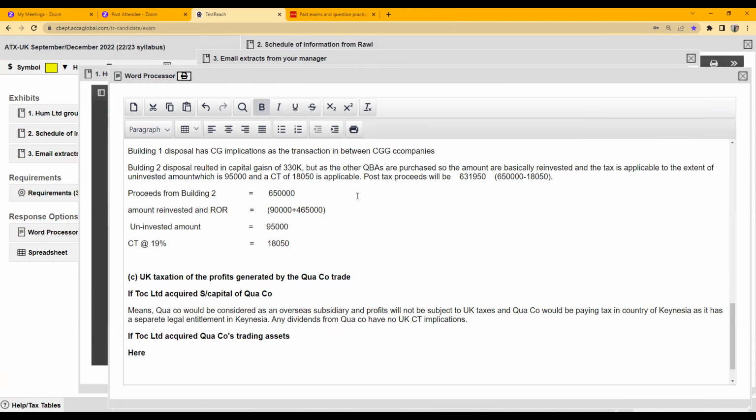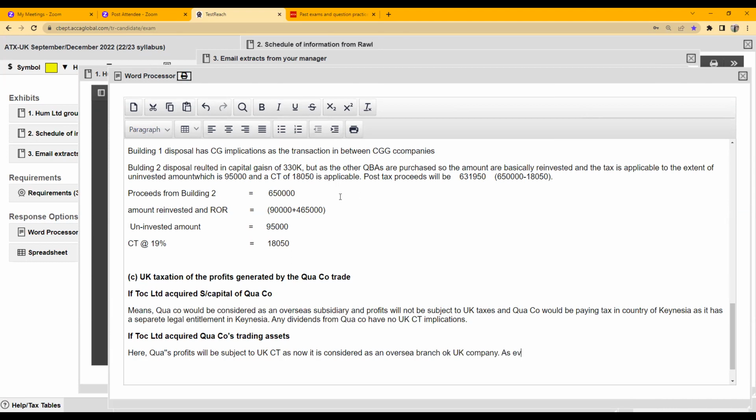Here, if TOC Limited acquired QACO's trading assets, QACO's profits will be subject to UK corporation taxes, as it is now considered an overseas branch of a UK company.